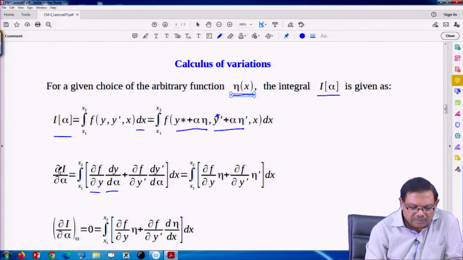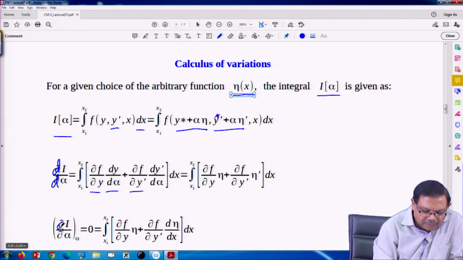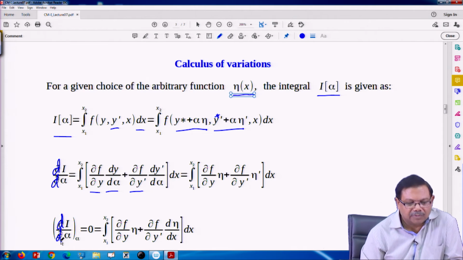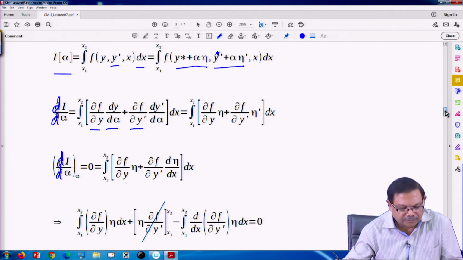If I write here partial 1, I should have written here also partial 1. Okay. But similarly, the derivative of f with respect to y prime and the derivative of y prime with respect to alpha. So, this I should write dI/d alpha. So, this is now a function of parameter alpha. Okay.